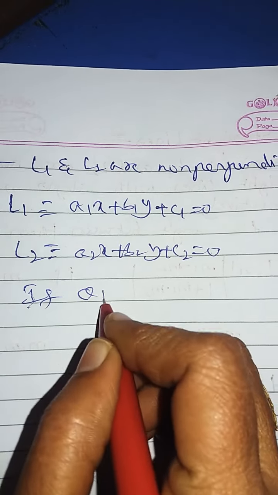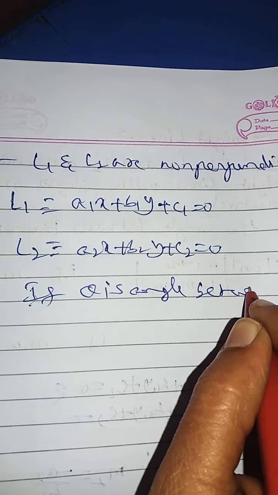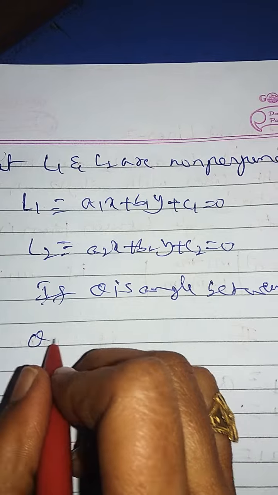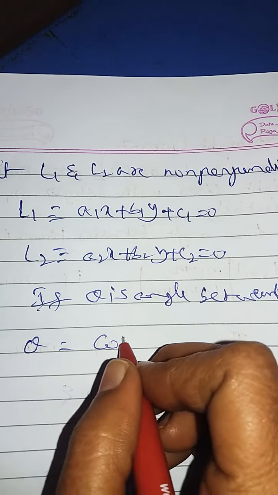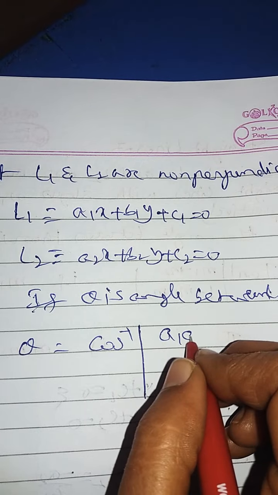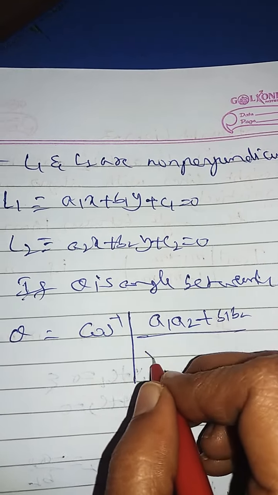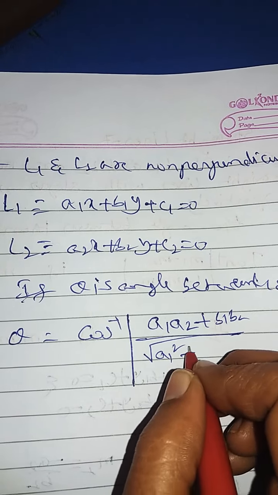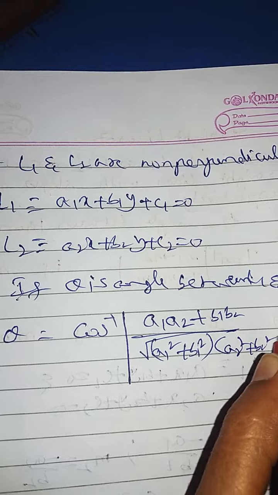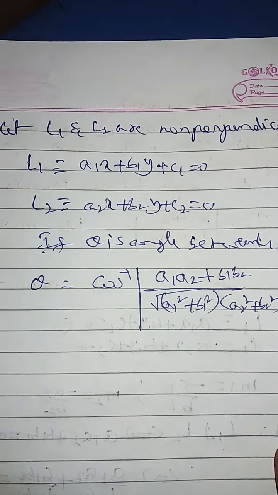Then if theta is the angle between L1 and L2, then theta is cos inverse of mod (a1 a2 plus b1 b2) by square root of (a1 square plus b1 square) into (a2 square plus b2 square). Yesterday, that is in the last class, I explained this theorem. So this is the angle between two lines if the two lines are non-perpendicular.